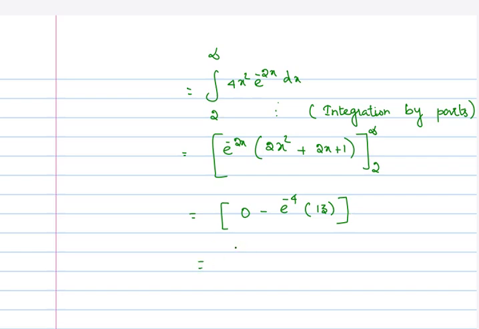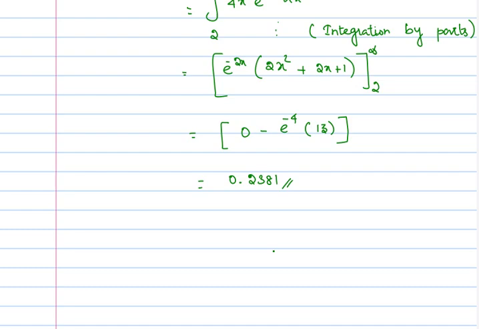Applying the calculator, you will get the value approximately 0.2381. This is the probability that the next service call, so I want to write in the conclusion part.